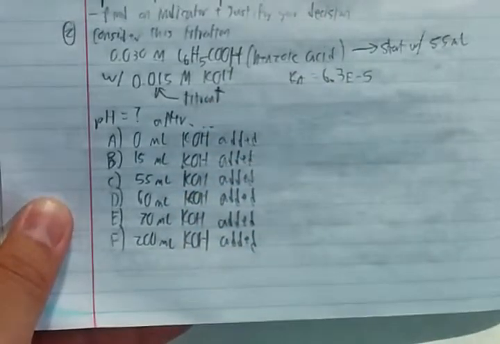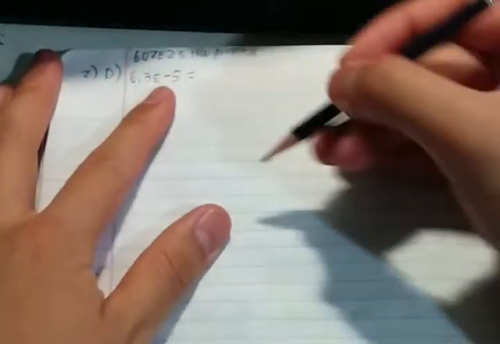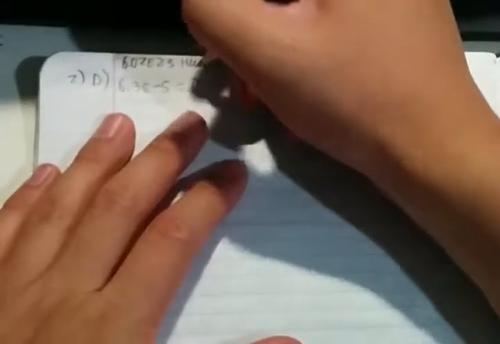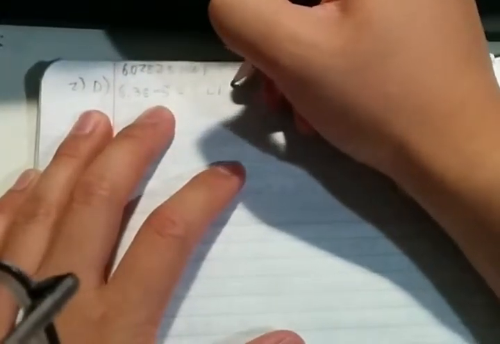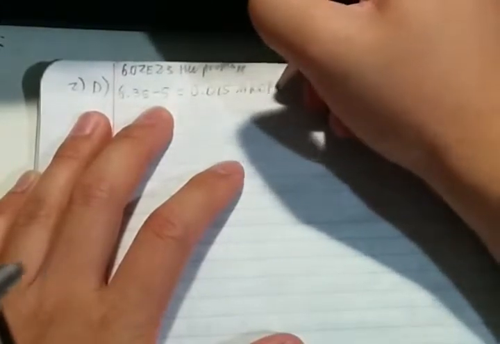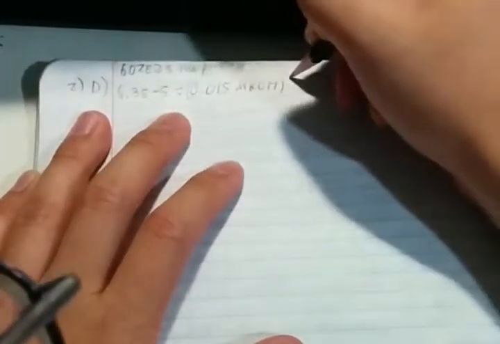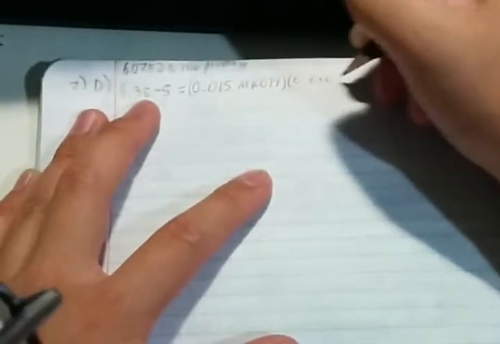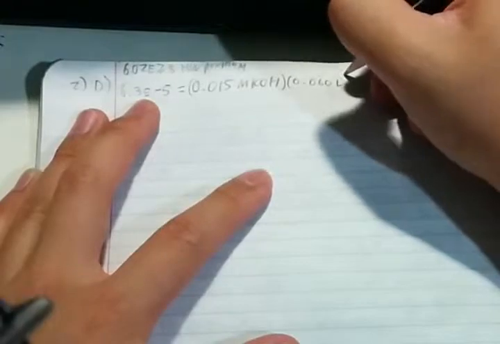Because all of the 60 ml is going to be the conjugate base, what I usually do is I just start with the molarity, so 0.015 M of the KOH. Oh no, it's not focusing. Then I'm gonna have to multiply it by the milliliters, which is 0.060 liters, because 60 ml is equivalent to 0.060 liters.